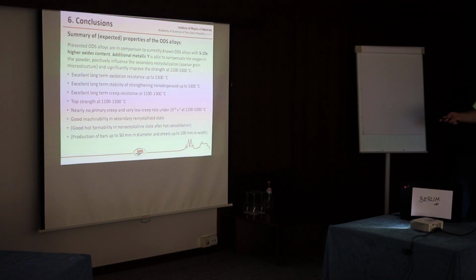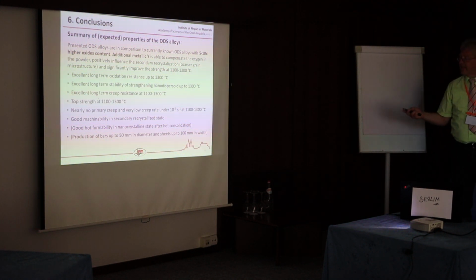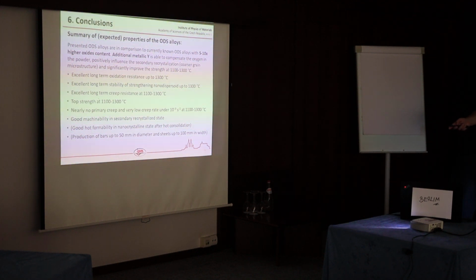Additional metallic yttrium can compensate the oxygen in the powder, so it has positive influence at these very high temperatures. And there is basically good creep resistance, good strength, and nearly no primary creep, and very low creep rate can be obtained at selected stresses, which are still usable in the industry, I think.